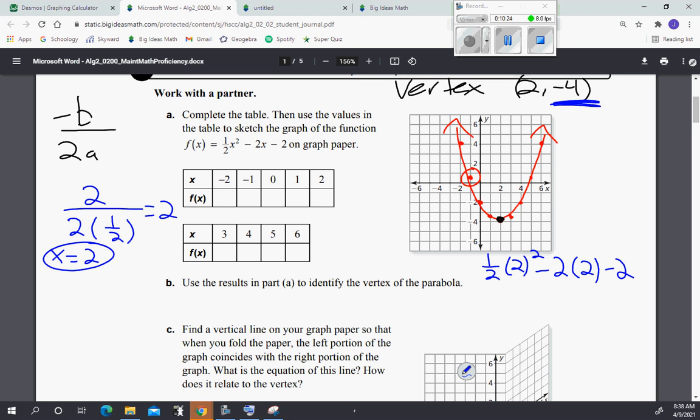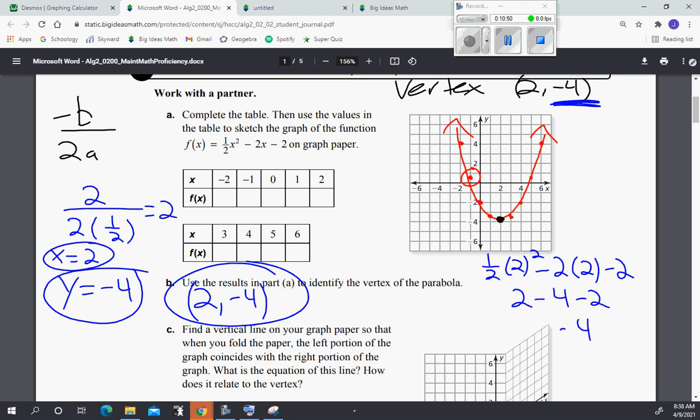A lot of 2's. 2 squared is 4. 1/2 of 4 is 2. Minus 2 times 2, which is 4. Minus 2. 2 minus 4 is -2. -2 minus 2 is -4. That's what y equals. Y equals -4. Hey, our vertex is at 2, -4.